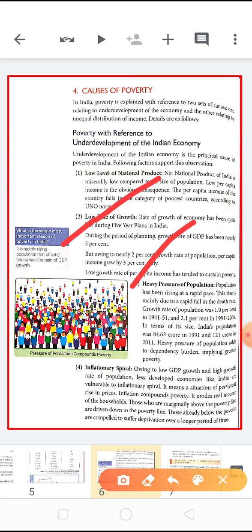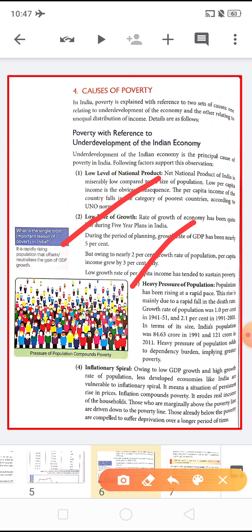So, children, the growth rate of population was 1% in the year 1941 to 51 and 2.1% in 1991 to 2001. In terms of its size, India's population was 84.63 crore in the year 1991 and 121 crore in the year 2011. Heavy pressure of population adds to the dependency burden, implying greater poverty.